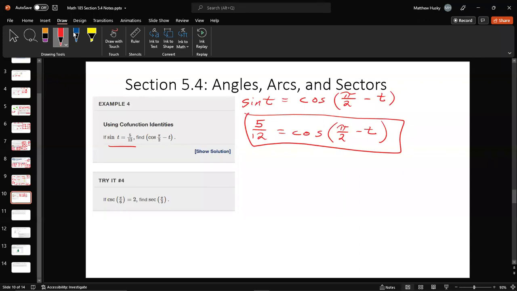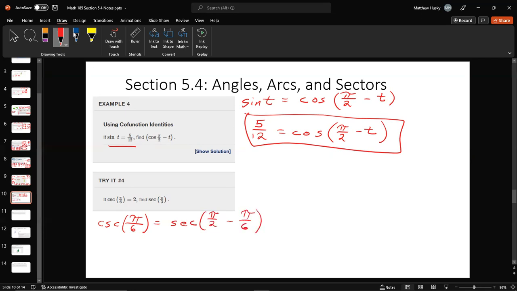If cosecant of pi over 6 is 2, find secant of pi over 3. Now, the cosecant of pi over 6 is going to be equivalent to the secant of pi over 2 minus pi over 6.